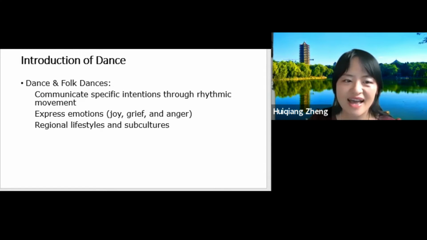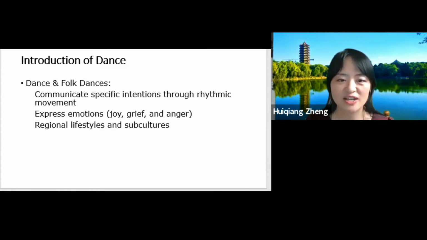And the dance is an art activity composed of various body movements. Dancers communicate specific emotions and intentions to their audience through their rhythmic movements. Through dance, dancers express various emotions like joy, grief, and anger, and they show the audience different regional lifestyles and the subcultures as well.